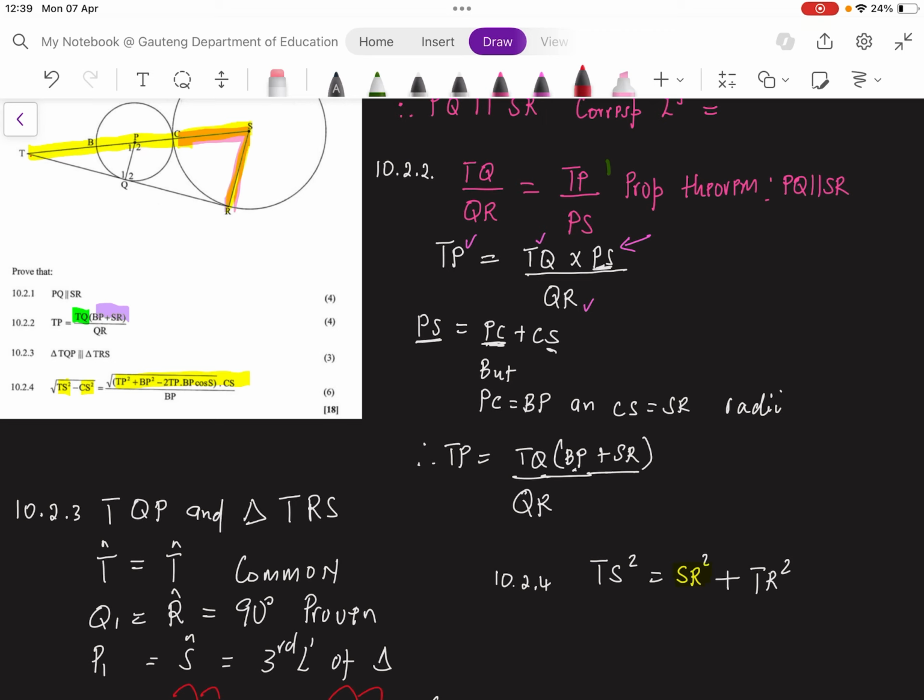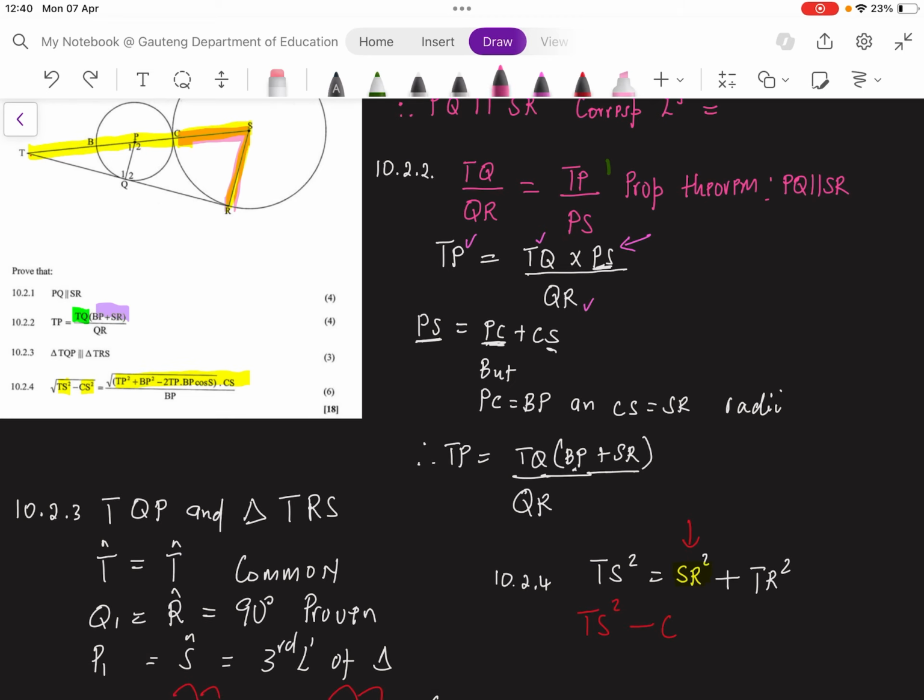Then we can have TS squared minus, instead of SR squared, I am replacing it with CS squared. It's not CR, but it is CS squared.